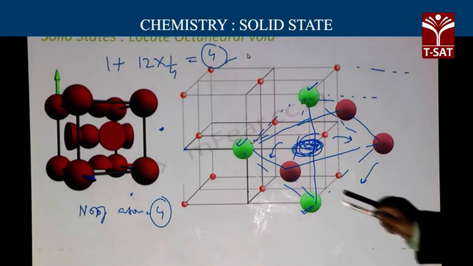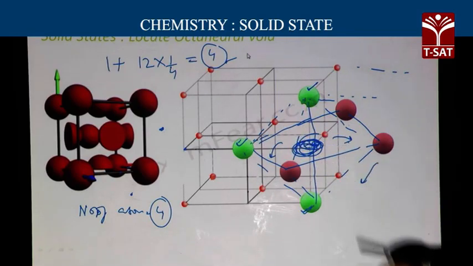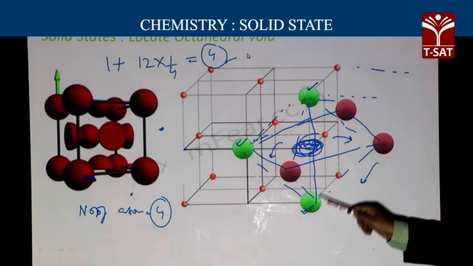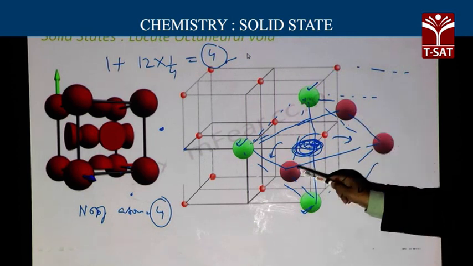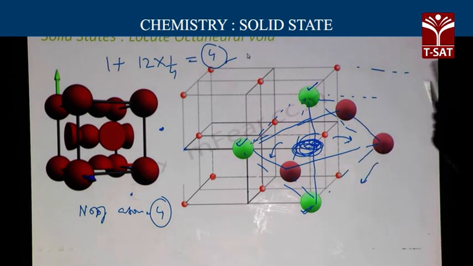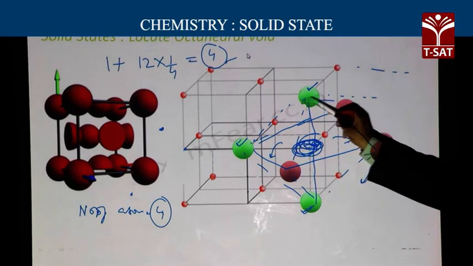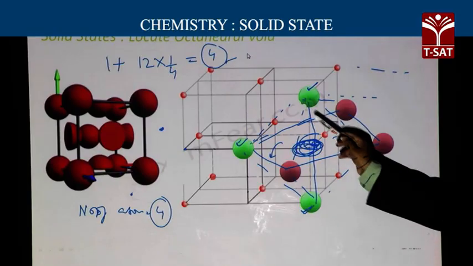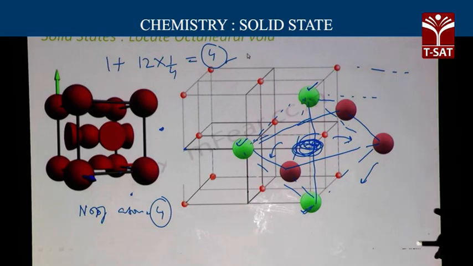Here, this green ball belongs to this unit cell, and this green belongs to the same unit cell. These 3 green balls belong to the same unit cell. These 3 pink balls belong to 3 different unit cells. See how 1, 2, 3, 4, 5, 6. These are 6 spheres. 3 belong to one unit cell, remaining 3 belong to 3 other unit cells.